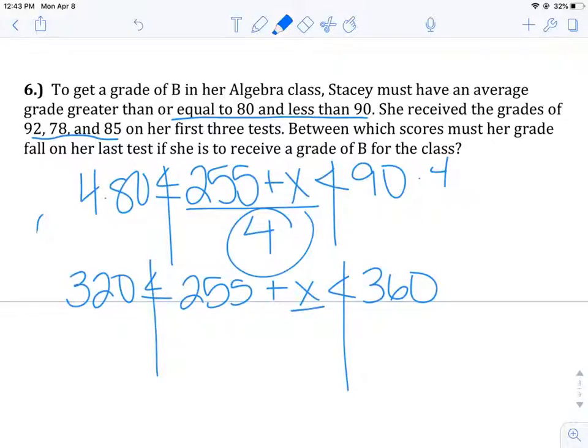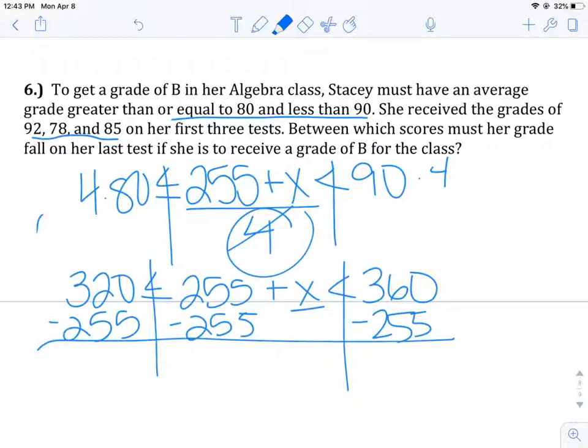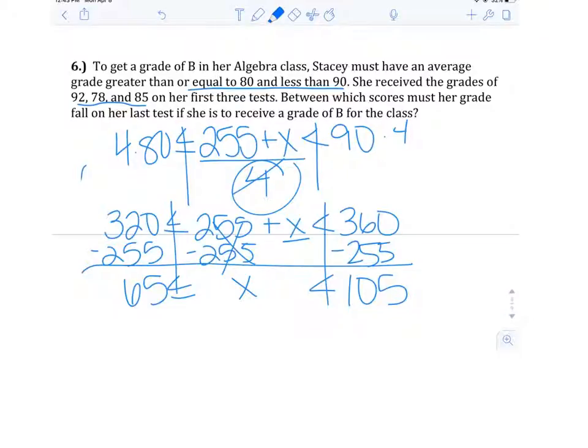We want to get x by itself. So we're going to subtract 255 on all 3 parts. So now that we are getting the x by itself in the center, we have 65 is less than or equal to x, which is less than 105.